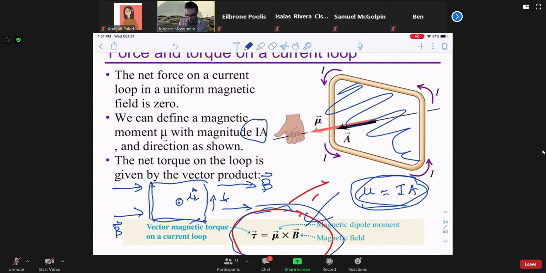Then when I take the cross product, now in order to figure out what direction is the torque, we need the cross product. So I'm gonna do out of the board, and then the B field to the right. So the whole thing will twist in one particular direction.